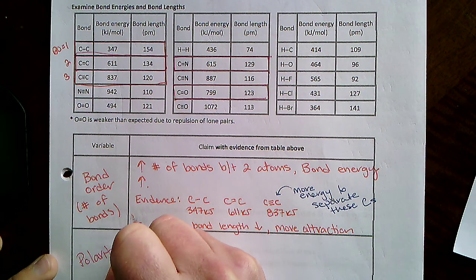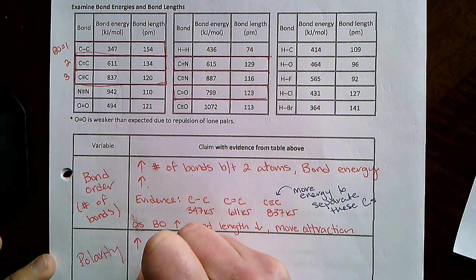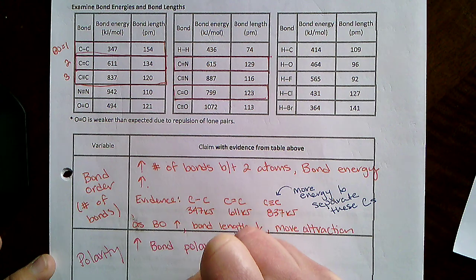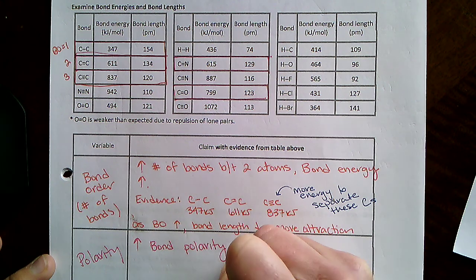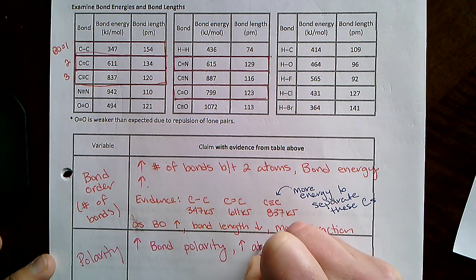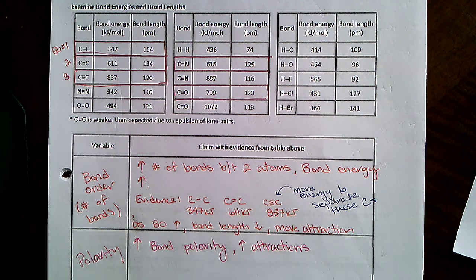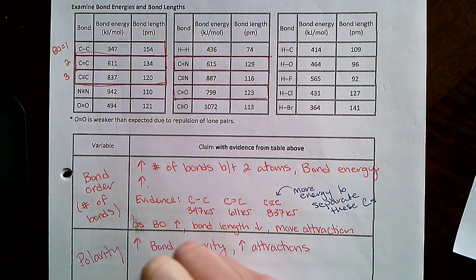So as you increase bond polarity, you're increasing attractions. The more electronegative atom can have more of a partial charge.